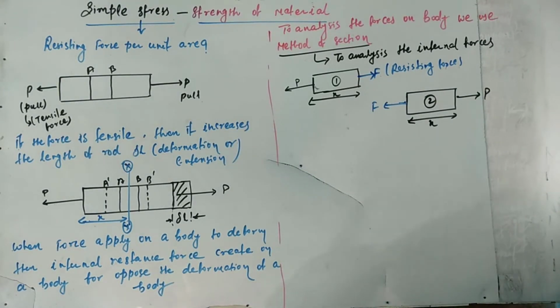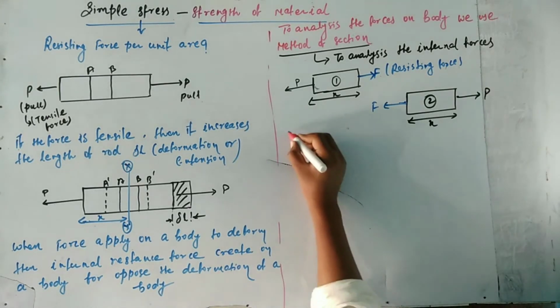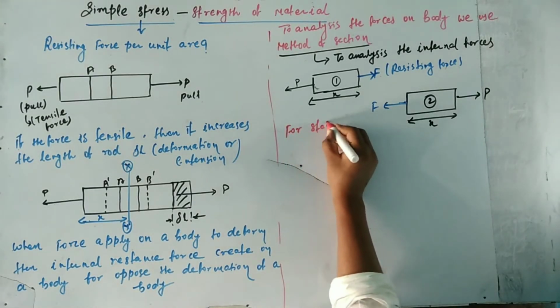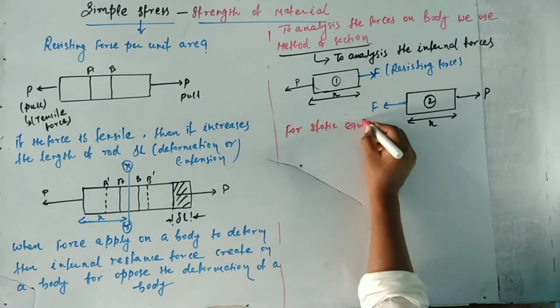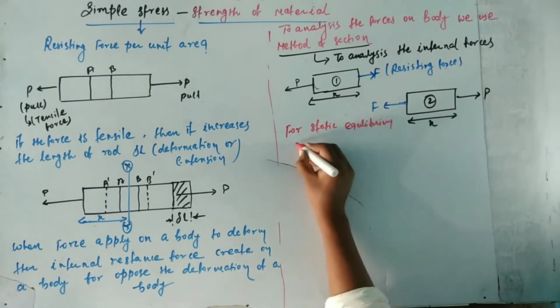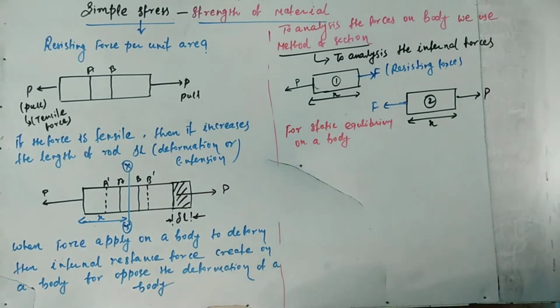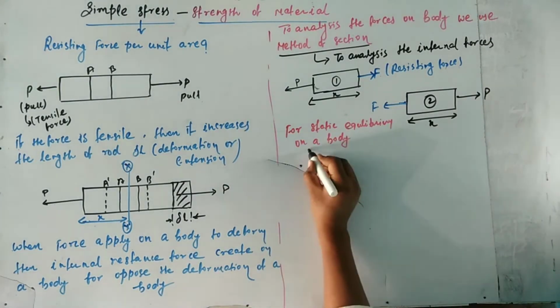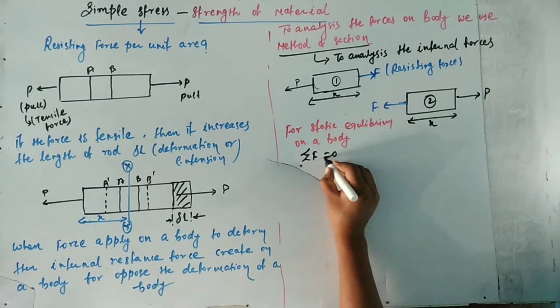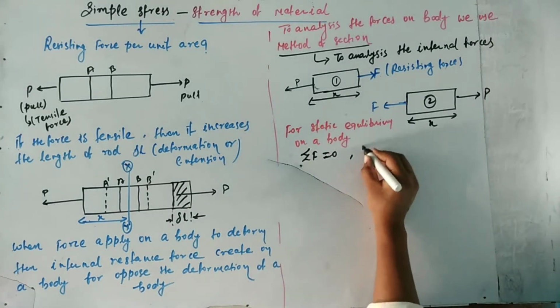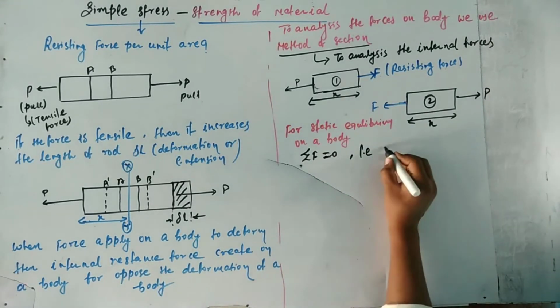For static equilibrium, in a static equilibrium condition, the summation of forces is equal to 0. It is a necessary condition. For static equilibrium of a body, the summation of forces acting on the body will be 0.